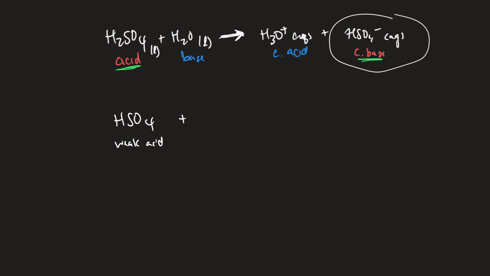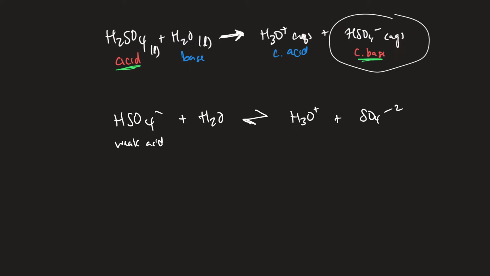Because it can dissociate, this reaction can be at equilibrium. So if this is your acid, you're also going to make H3O+ and SO4 2 minus.